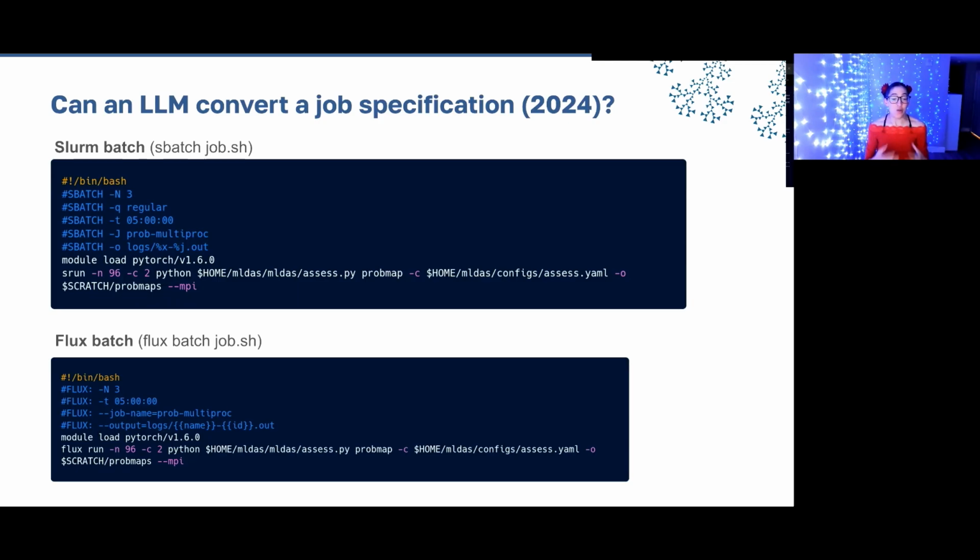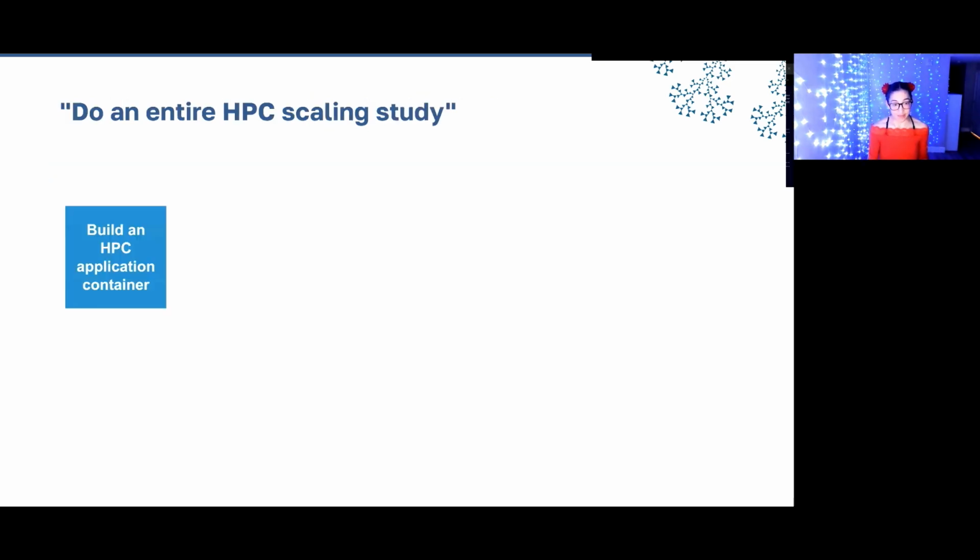So the agents are greatly, or more specifically, the models, the LLMs, are greatly improving in their ability to do tasks like this. And as Dan mentioned earlier, in the end of 2025, we took our questions to another level. We said, these agents are so good, let's ask them to do the entire scaling study.